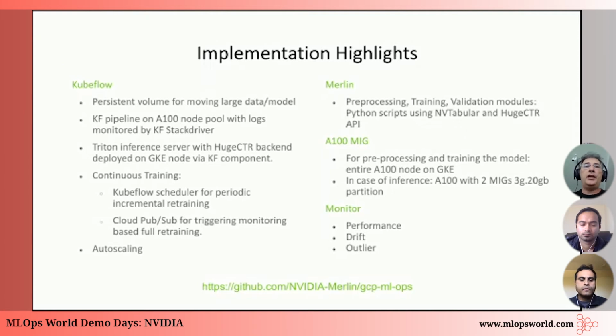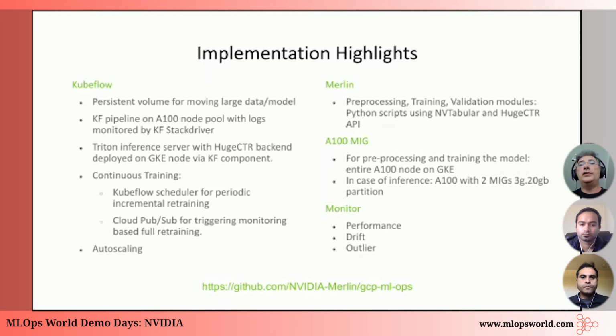We are also going to see auto-scaling in the demo, meaning that the inference part can scale depending on the number of requests coming from the client. We can scale the Triton server up and down easily, thanks to the metrics that Triton exposes.